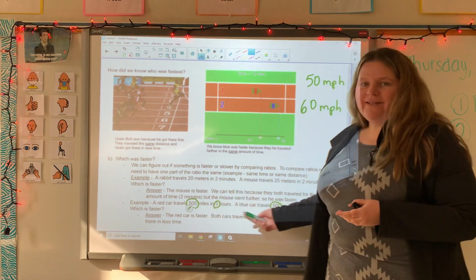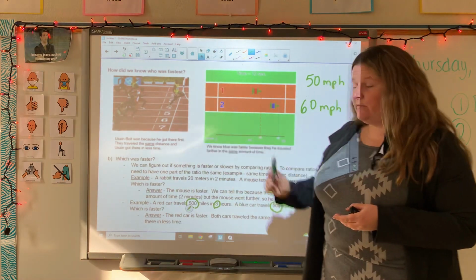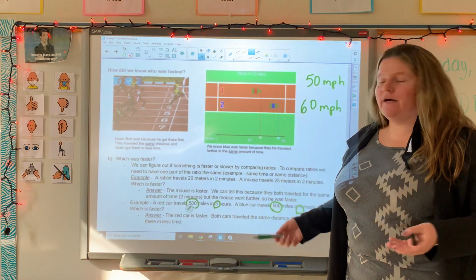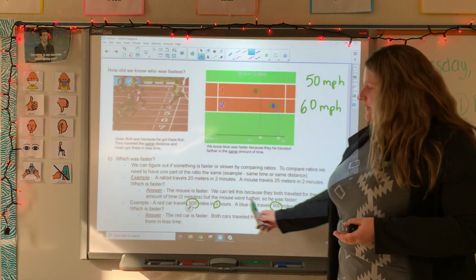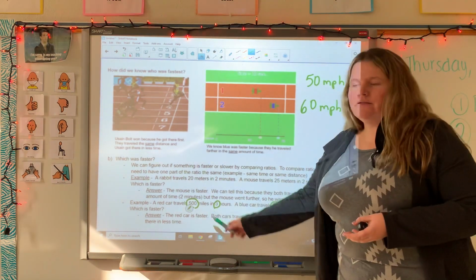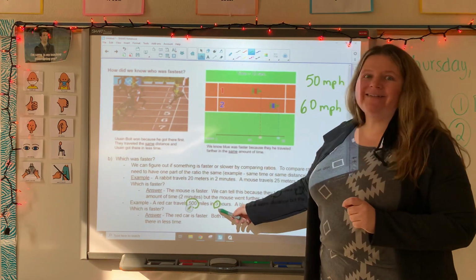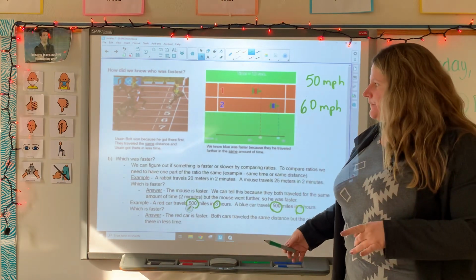So they're traveling the same distance, just like Usain Bolt, but the red car's faster because he got there in less time. So when we're comparing the time, if they have the same distance, like Usain Bolt, they all ran 100 meters, whoever got there in the least amount of time is fastest.